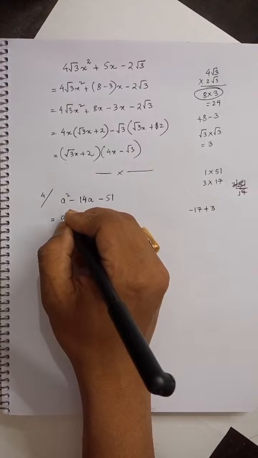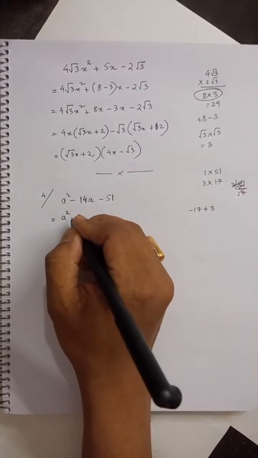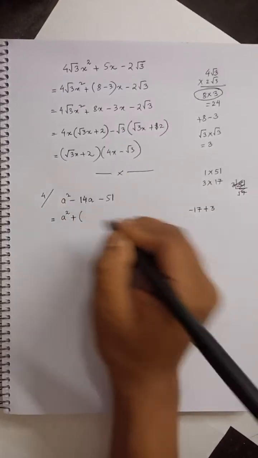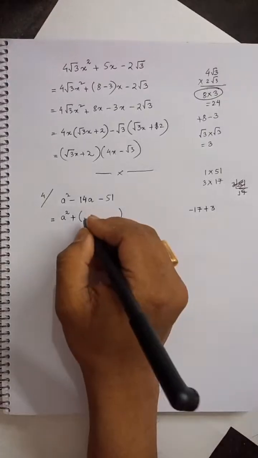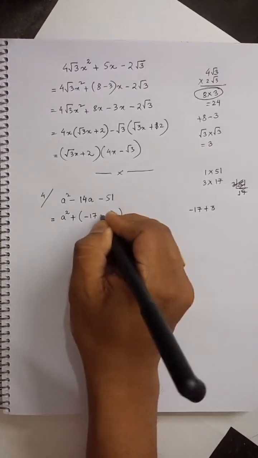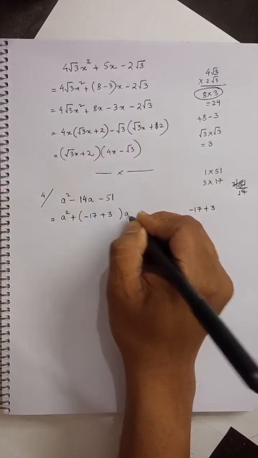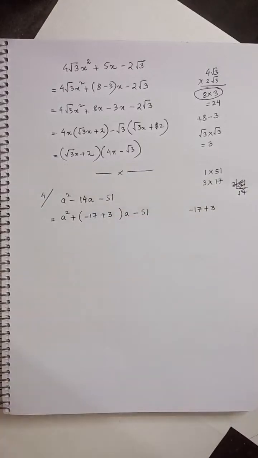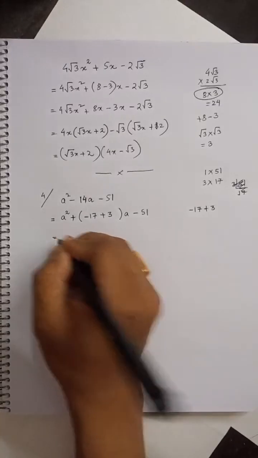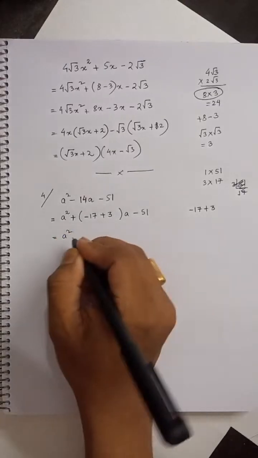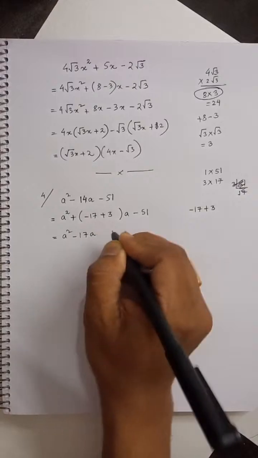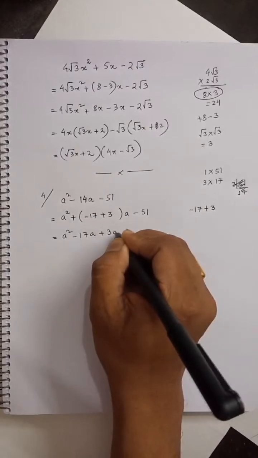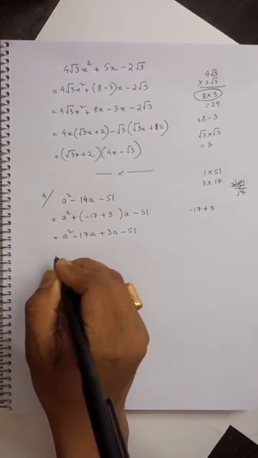So here we take a square, and inside the bracket we will put minus 17 and plus 3a minus 51. So a square minus 17a plus 3a and minus 51.